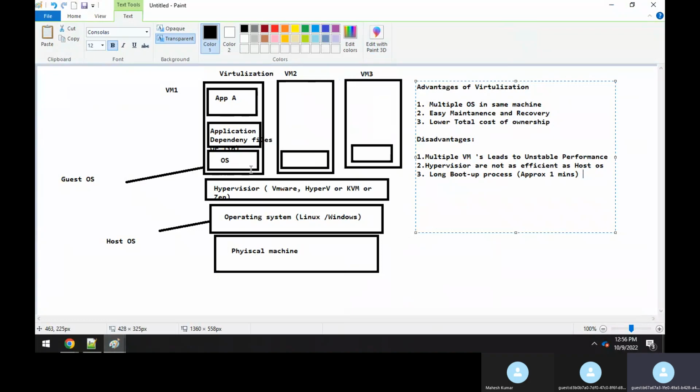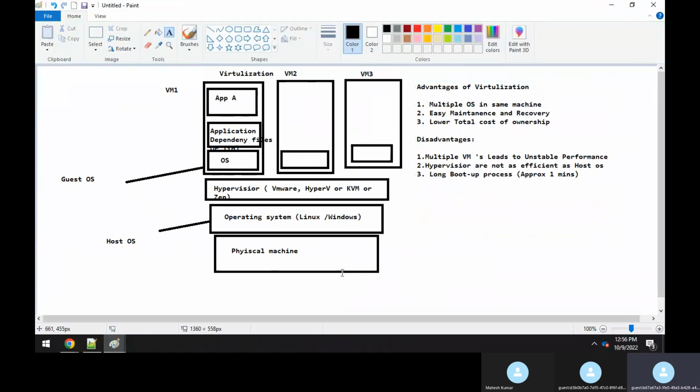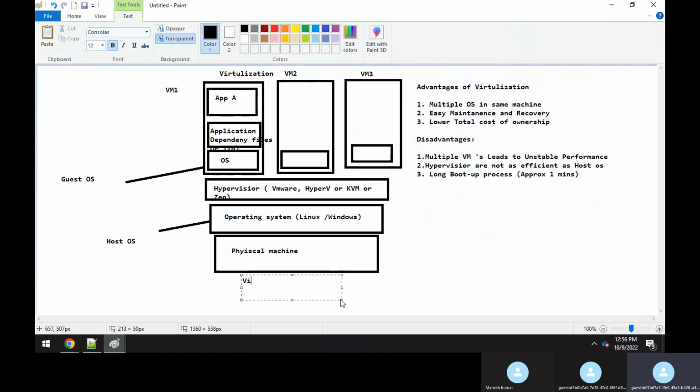To overcome these disadvantages, we came up with the concept of containerization. Now in containerization, the same stuff happens. This is nothing but your virtual machine or virtualization, VMs you can say.